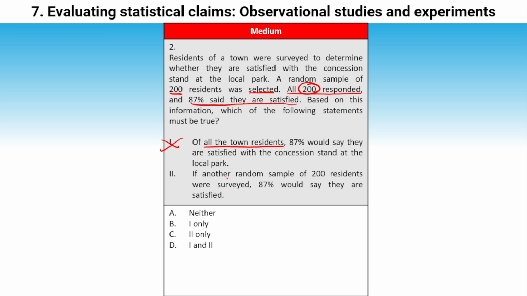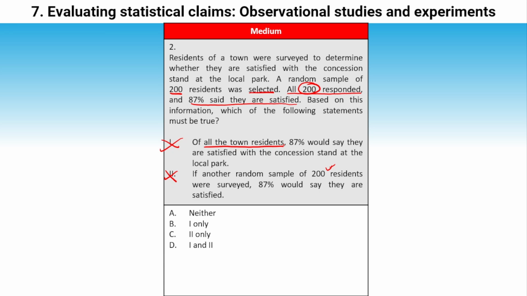Next, number 2: if another random sample of 200 residents were surveyed, we can say that too, right? Because as the sample changes, the statistics could also change, since there could be different biases or different conditions.